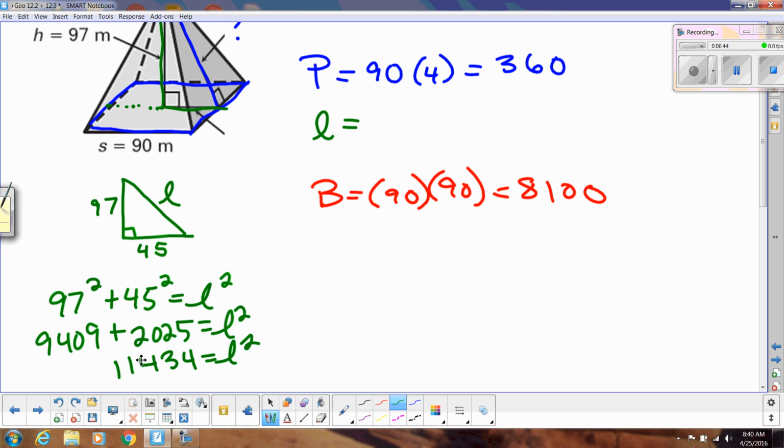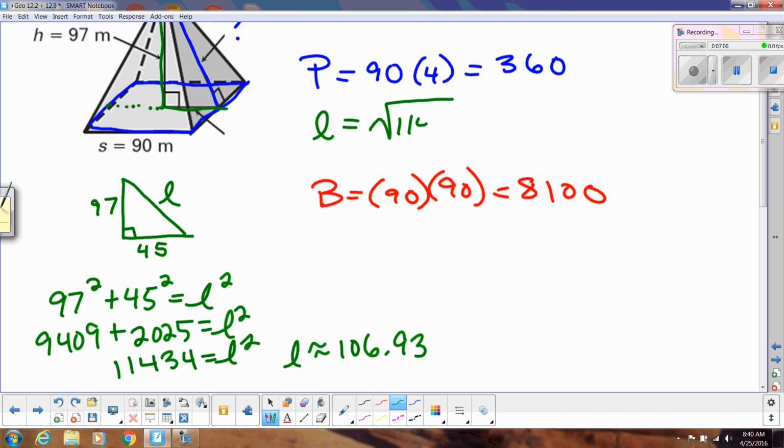And now I'm going to square root that. And this gives me approximately 106.93.